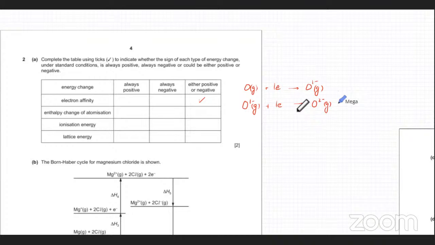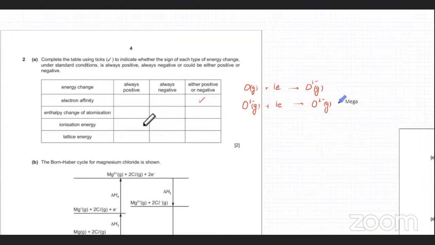Negatively charged ions repel electrons, so they're not going to be very strongly attracted to those electrons. So that's the reason that after the first one, they all become endothermic. The first one is exothermic and the rest are all endothermic, and it becomes increasingly endothermic. Like for O2-, it would be even harder to gain electrons because it would essentially be repelling electrons.